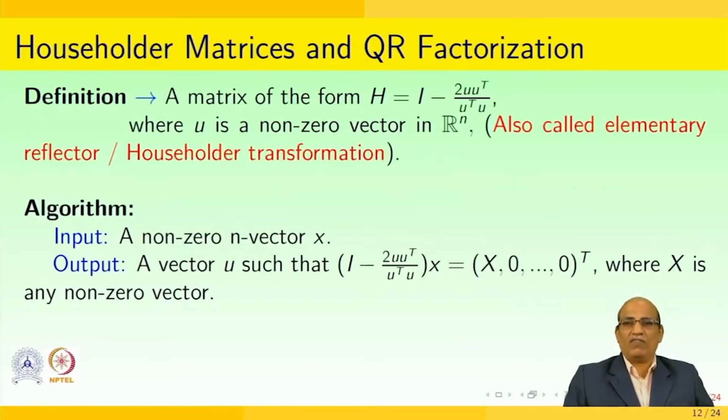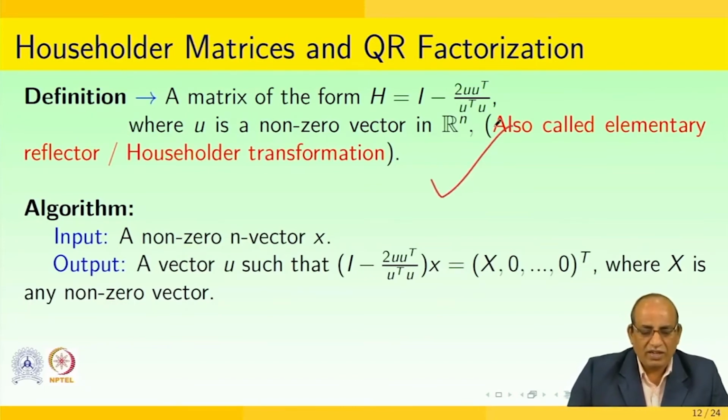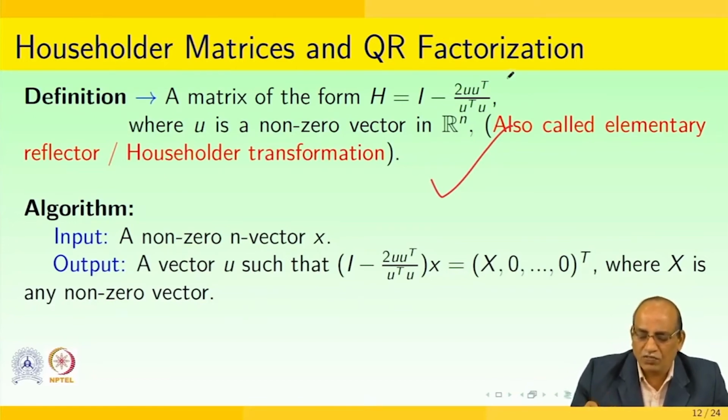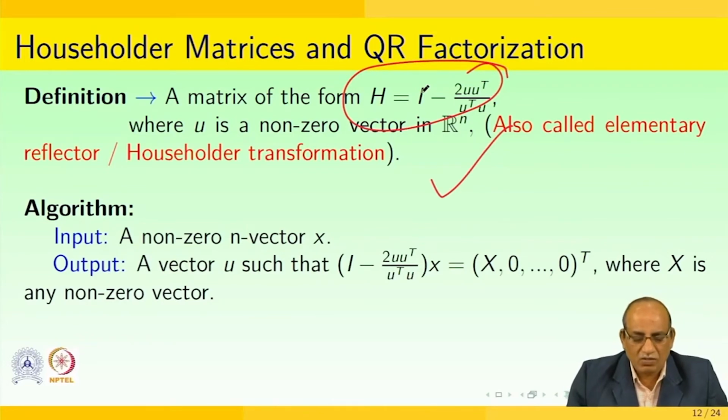Now let us look at them one by one. Householder matrices and QR factorization. Quite often we use Householder matrices and QR factorization in many engineering applications. Let us define formally a matrix of the form H is equal to I minus 2 times u u transpose upon u transpose u, where u is a non-zero vector.